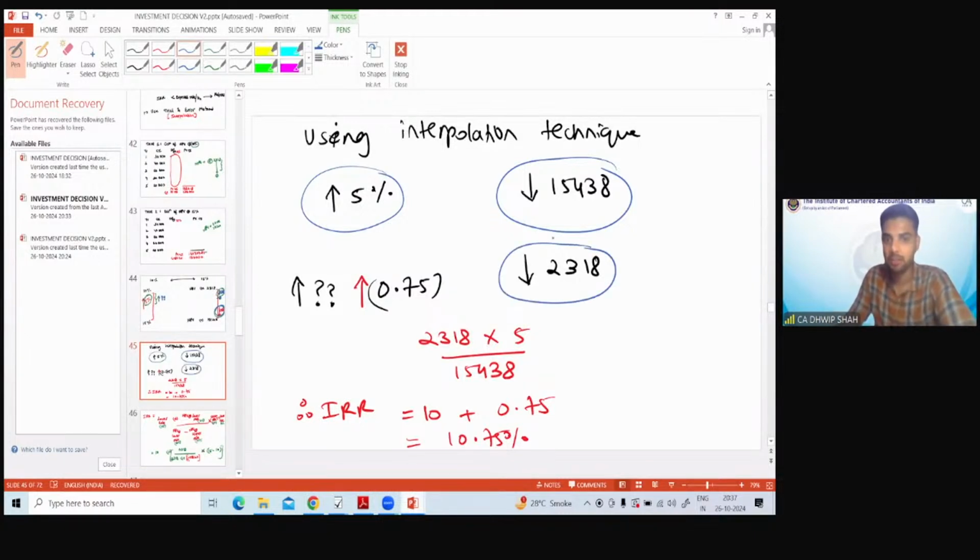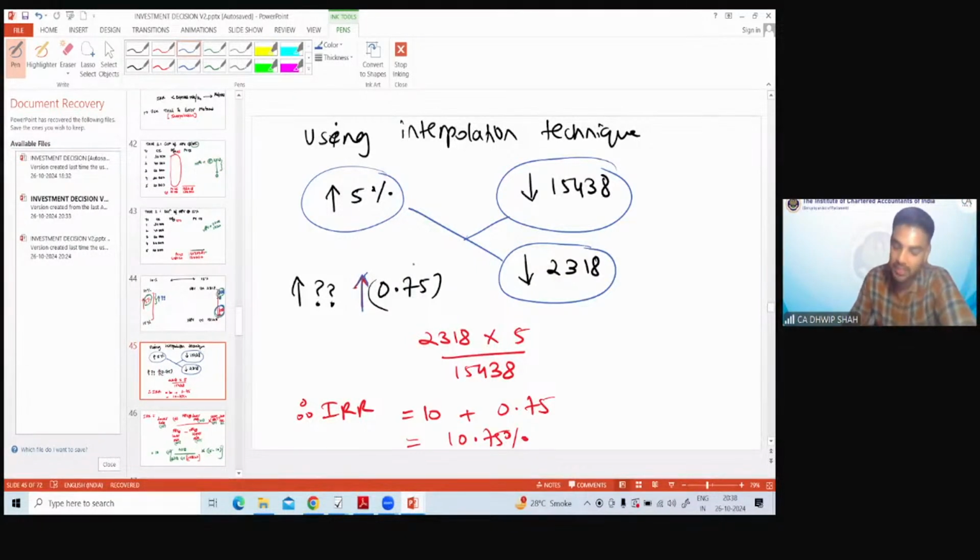I'm satisfied because I want to reach the 0 point. So to fall my NPV by 2318, by how much percent do I need to increase this rate? So I did cross multiplication: 2318 multiplied by 5 and divided by 15,438. This cross multiplication we learned at our school levels. Okay?